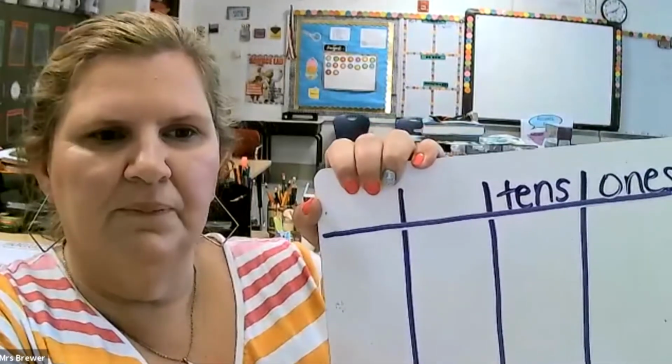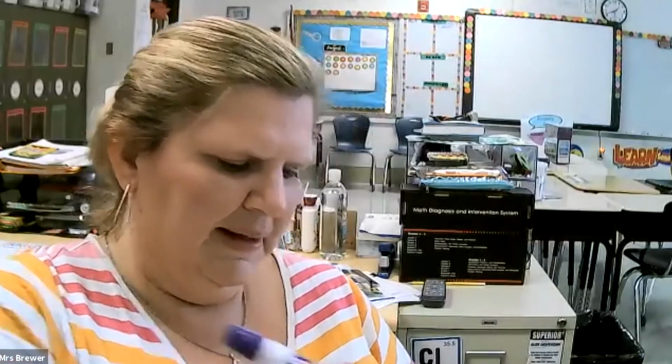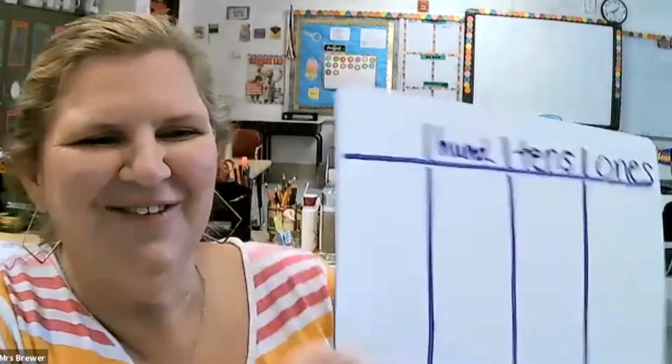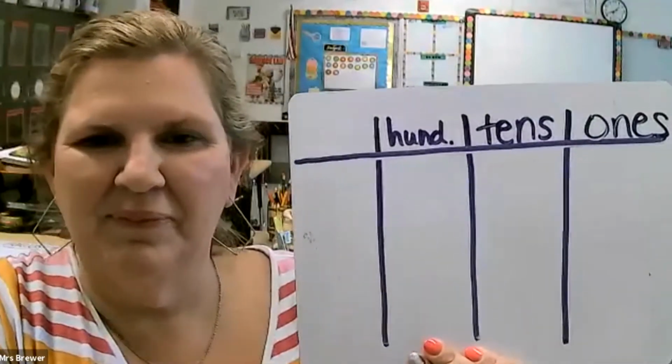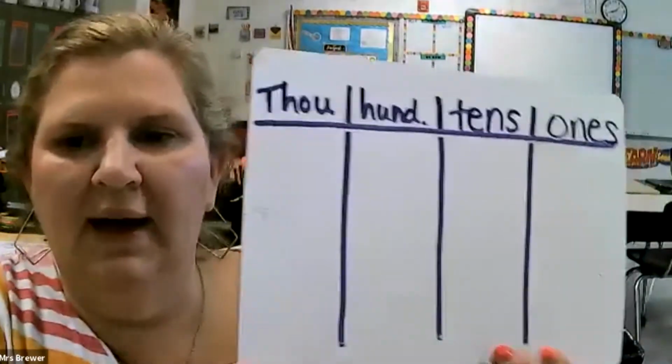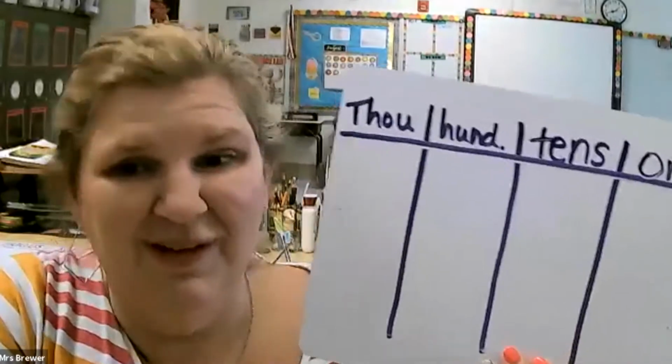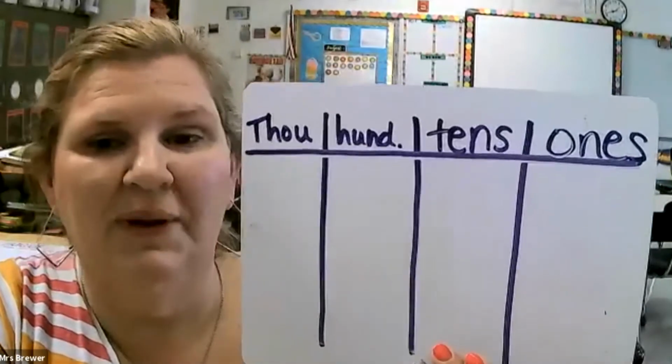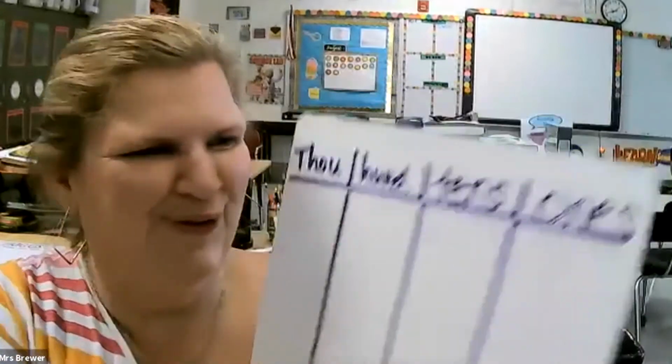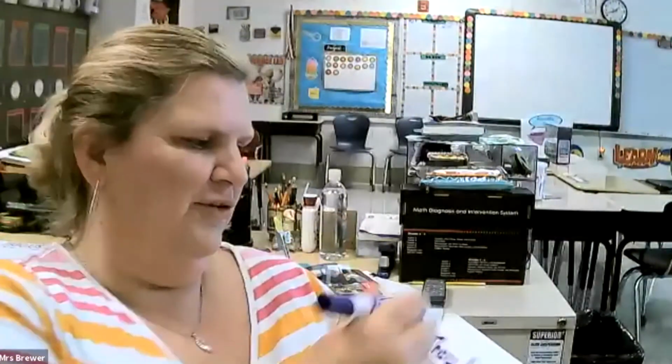Then what do we have? Right, hundreds. Write all the hundreds here. And then finally, what do I have? Right, your thousands. And I'm going to put THOU for thousands. If you really want to make this a little bit easier on you, this is what my students normally do.